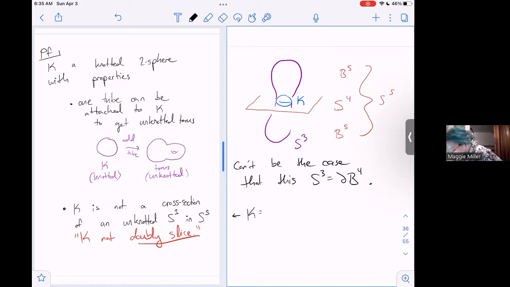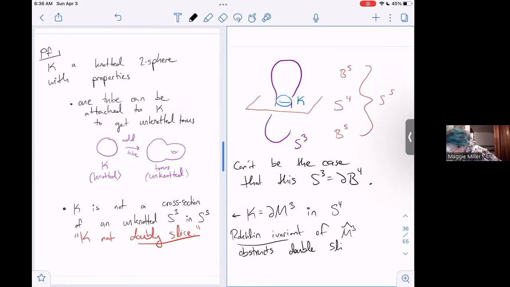So K is the boundary of some 3-manifold in S4, the Rokhlin invariant, which is a binary invariant, 8 or 16 of the closure of M3 obstructs double sliceness.